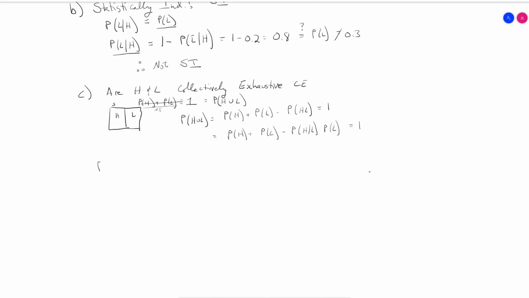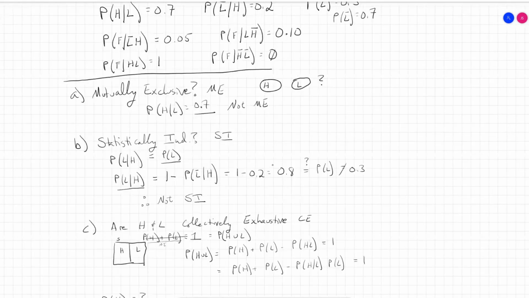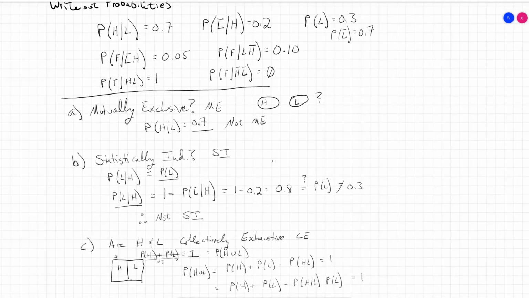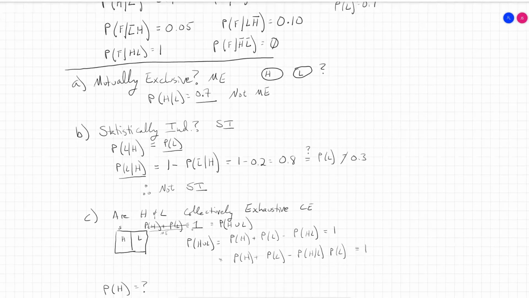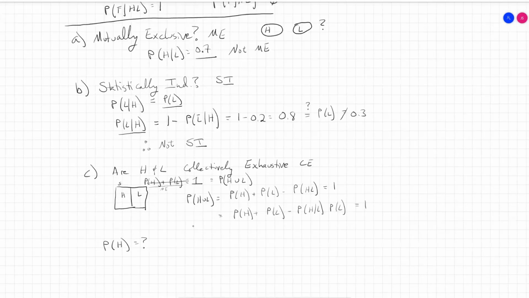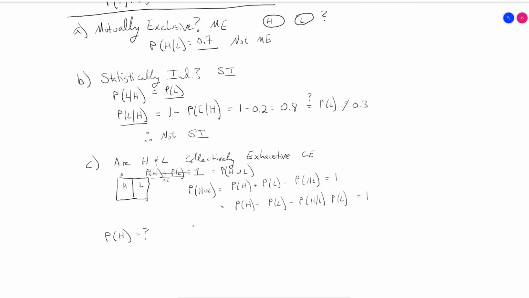So the probability of H, let's figure this one out. Let's think about what pieces of information we have and go back up here. We've got H given L, and we've got the complement of L and H, and we have L. So maybe we can use some conditional probabilities to figure out the probability of H. We'll go back to the conditional probability rules.